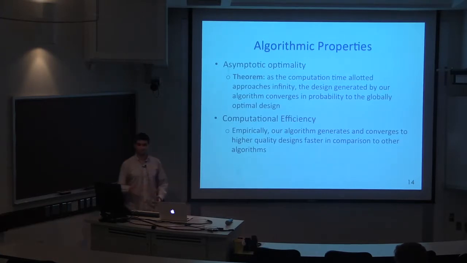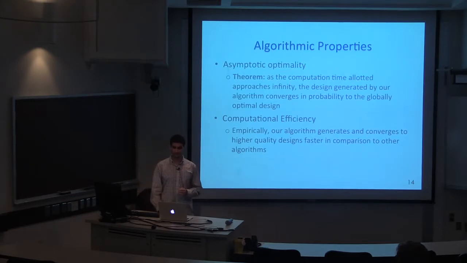And I want to mention that the current state-of-the-art optimization algorithms do not make any of these asymptotic optimality claims and do not have any of these bounds on the generated output.